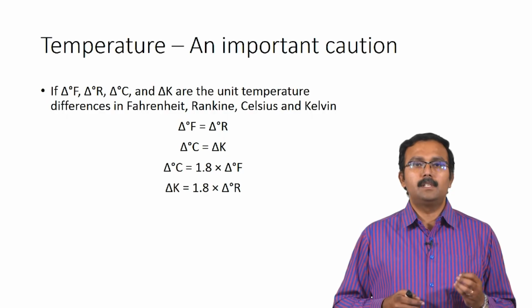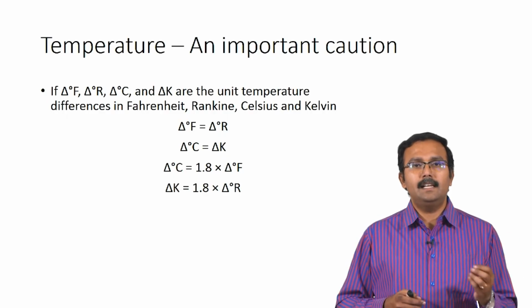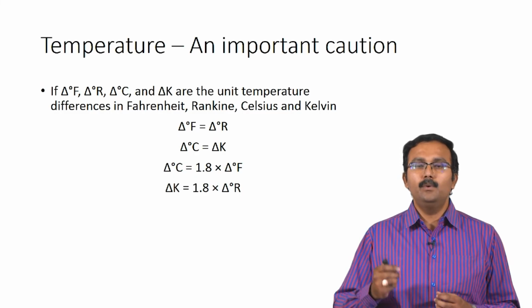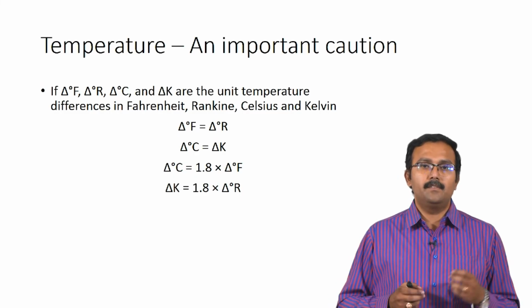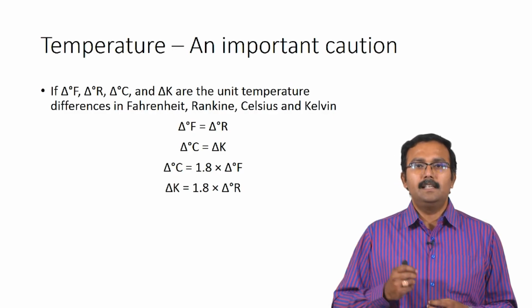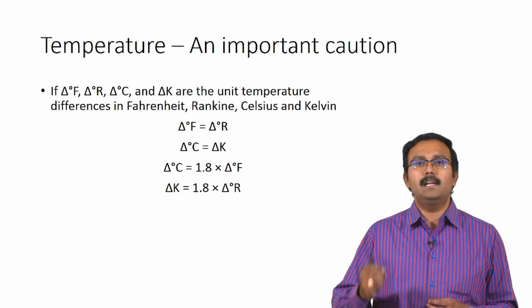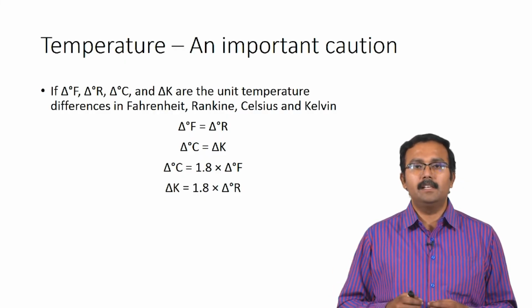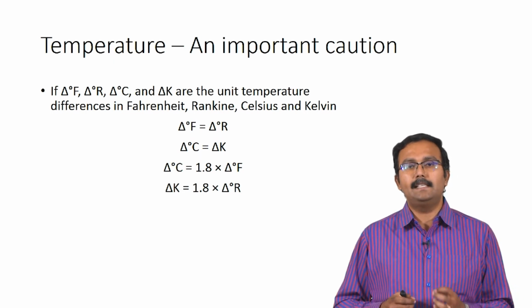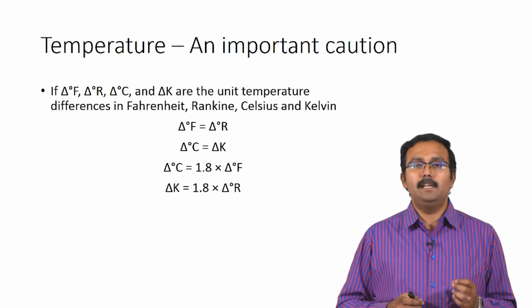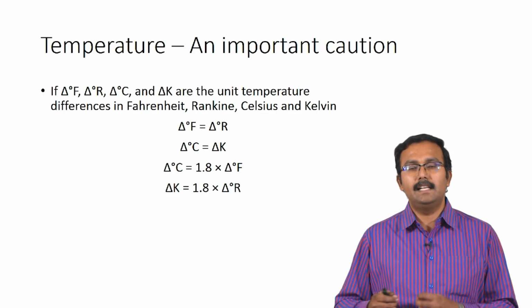If you were to use delta degree Fahrenheit, delta degree Rankine, delta degree Celsius and delta Kelvin as the unit for temperature differences, then delta degree Fahrenheit will be equal to delta degree Rankine, delta degree Celsius will be equal to delta Kelvin, but delta degree Celsius will be equal to 1.8 times delta degree Fahrenheit, and delta Kelvin will be equal to 1.8 times delta degree Rankine.